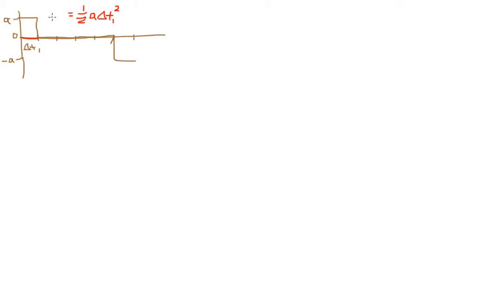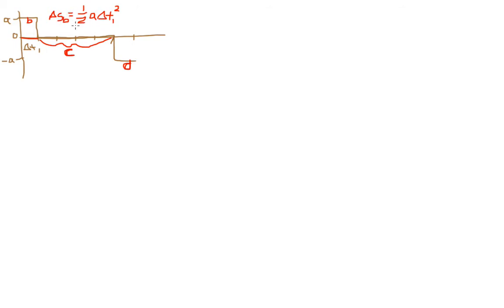Let's call this first section B, this section C, from here to there, and this time interval over here D. So B, C, D. This is the displacement for B. If we know the acceleration and we know the time, then we know how far it goes.